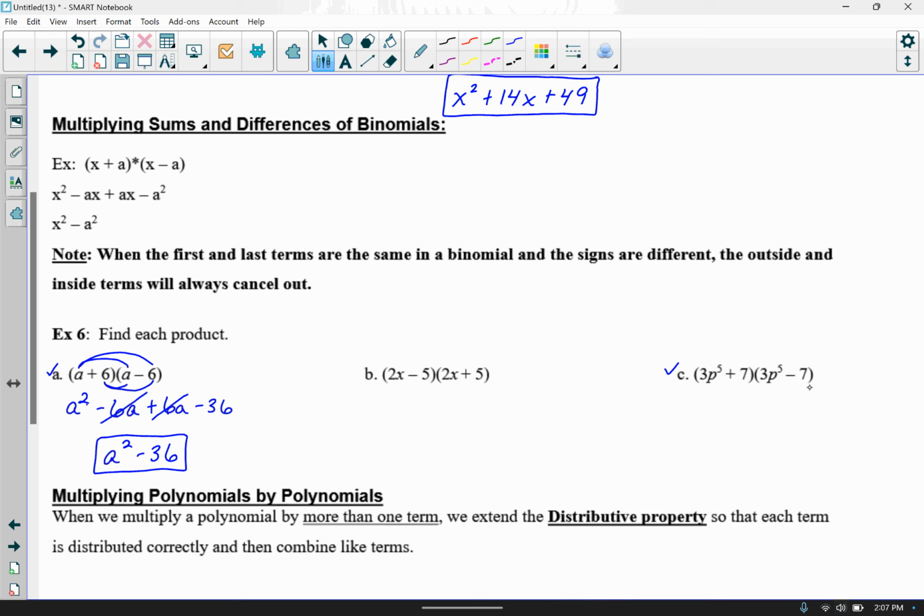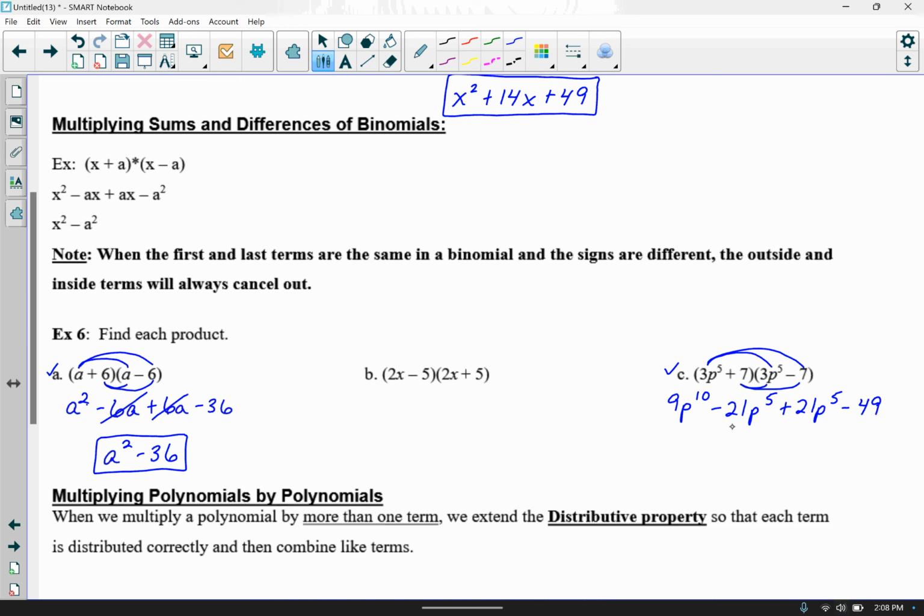All right, moving on over to letter C. I'm going to FOIL here as well. But again, you'll notice the first and last terms are both the same. The only difference is a positive and a negative. So when I FOIL, 3p to the fifth times 3p to the fifth. So 3 times 3, 9. When you multiply, add those exponents. Outside, minus 21p to the fifth. Inside, positive 21p to the fifth. And last, 7 times negative 7, minus 49.